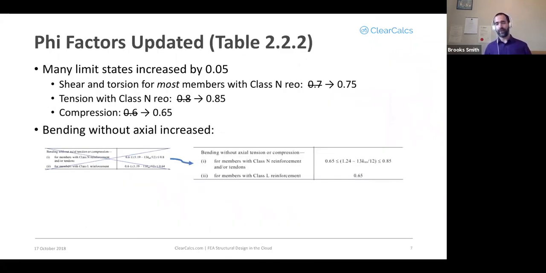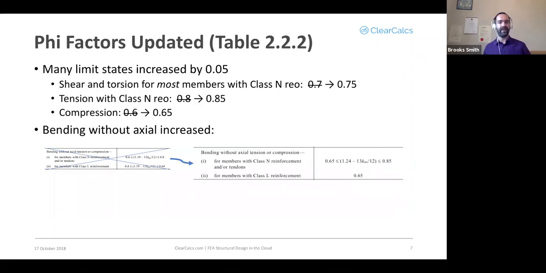So first, the phi factors. Many of the limit states have been increased by 5%. That's particularly for anything that involves ductile reinforcement. So shear and torsion for most cases, and I'll go through exactly what most means later on in this presentation, has been increased by 5%. Tension's been increased by 5%. Compression for everything, regardless of the reinforcement, has been increased to 0.65.